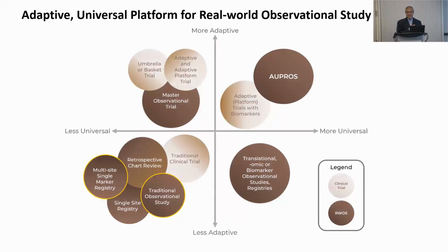We designed it initially to capture lung cancer, but we're actually capturing other cancers as well now, because the L for lung cancer does not appear anywhere in the abbreviation for CARMA-BROS. So it can be expanded to cover a whole bunch of other things. And on the slide, right, we know that retrospective chart reviews, multi-site single marker registries, single site registries on the bottom left, they're less universal and less adaptive.